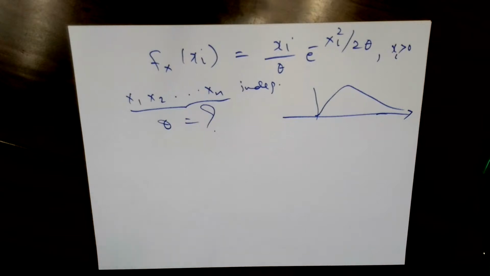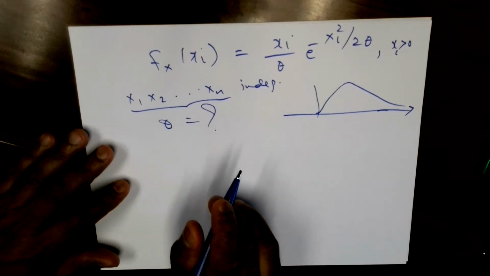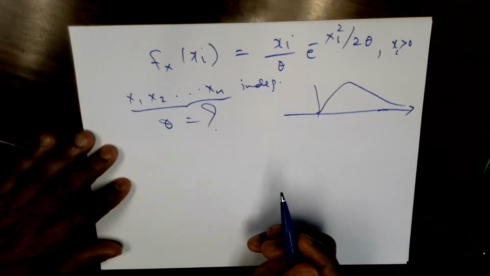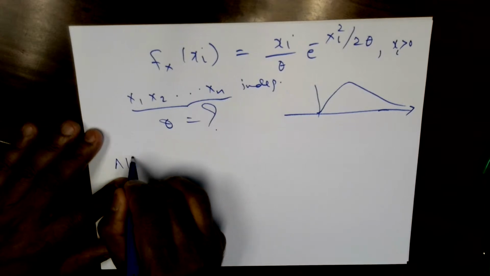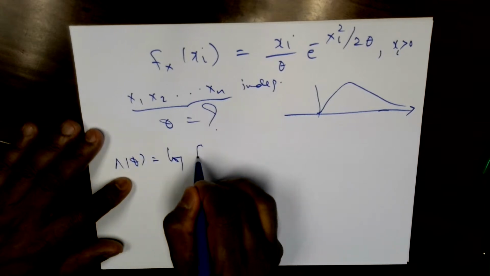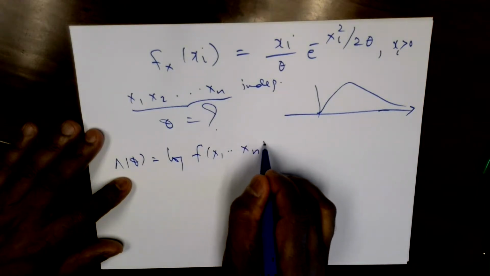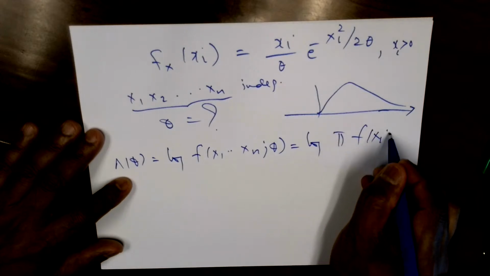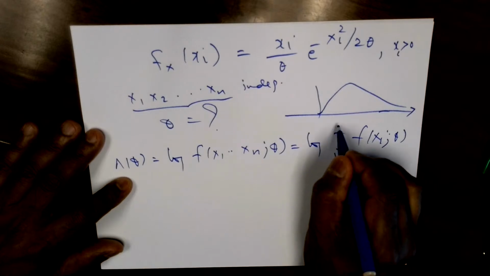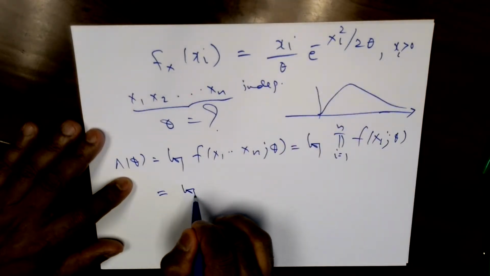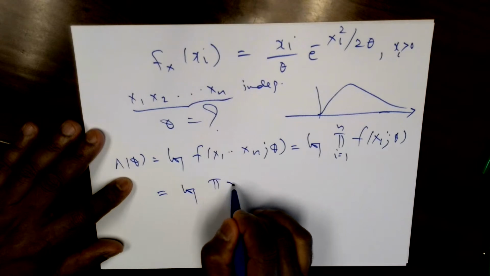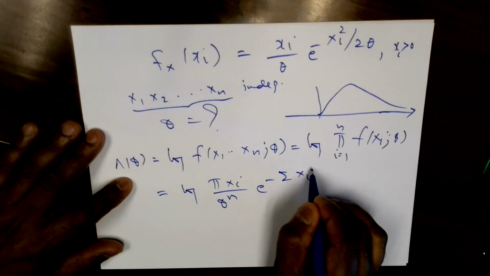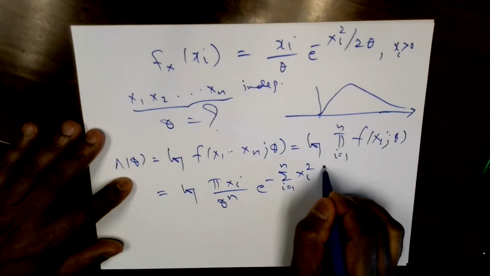So we will again go for the maximum likelihood estimator. So we look at this. So this is going to be logarithm of f of x1 through xn and theta. So that's logarithm of the product of the density functions. Each one is given. So if I substitute, that's going to be logarithm of product xi over theta to the power n, e raised to minus sigma xi squared over 2 theta.